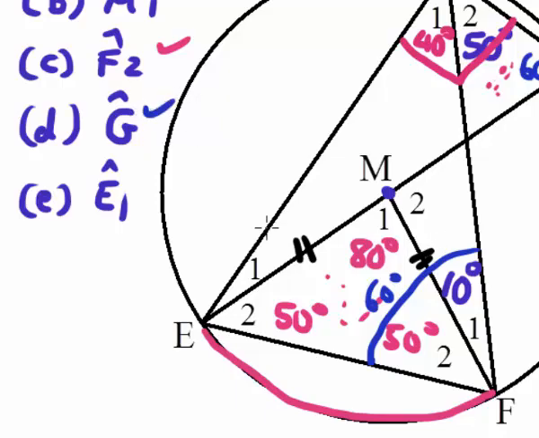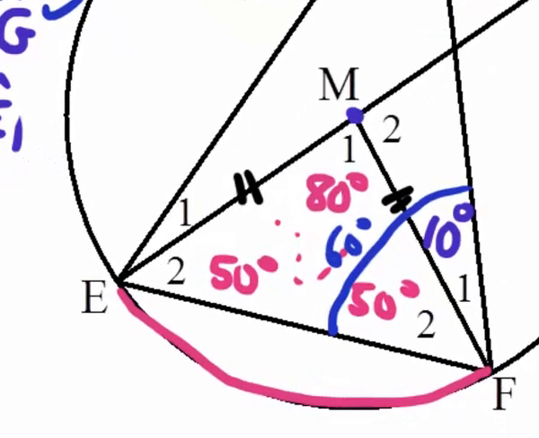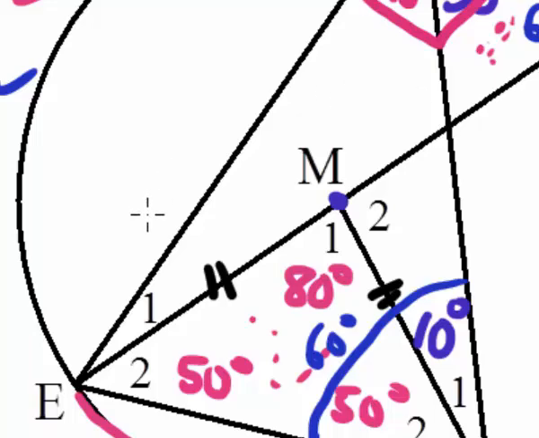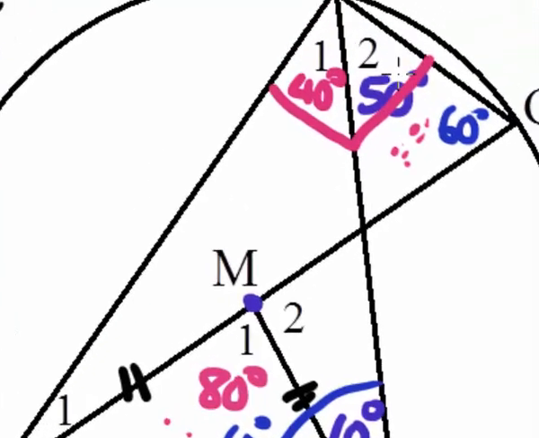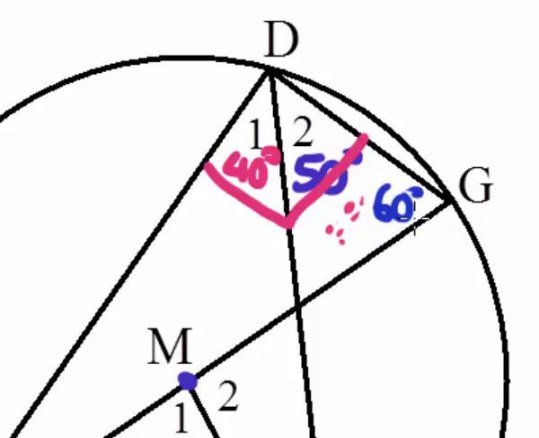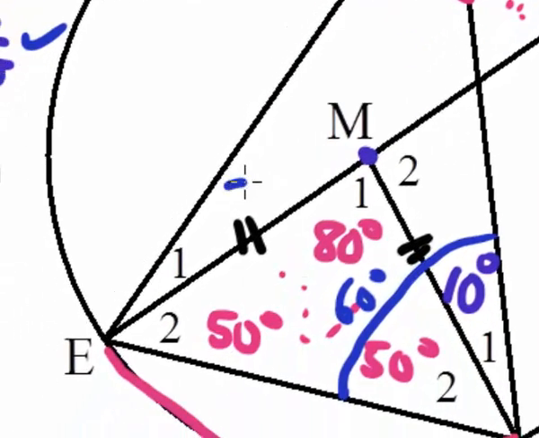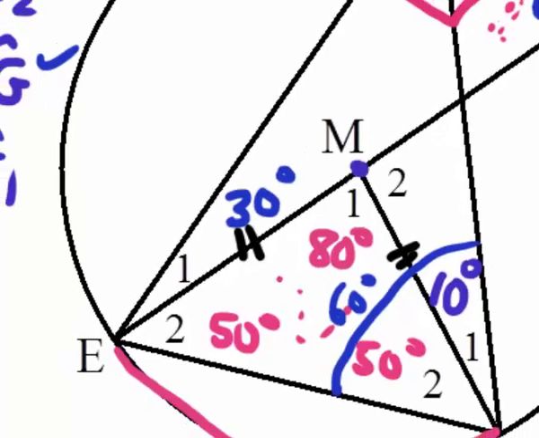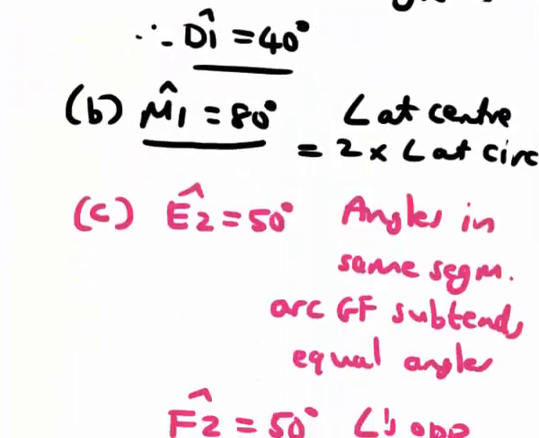So that's D, and then E is E1. Well, let's have a look. Where is E1? E1 is over here, but that's easy if you think about it. That's 90 in this triangle, that's 60. So if 90 plus 60 is 150, then this has got to be 30 degrees from the sum of the angles of a triangle.